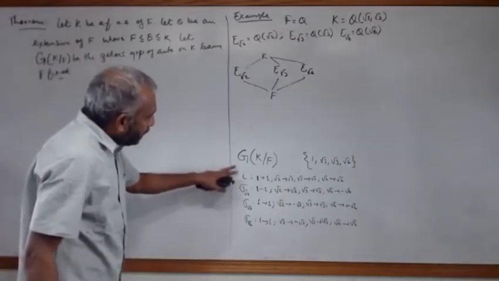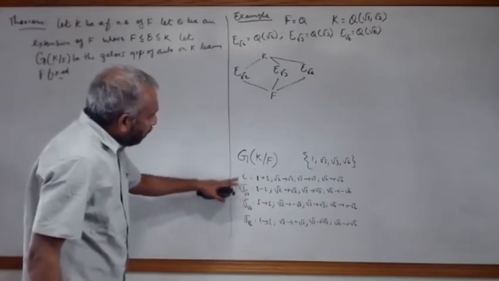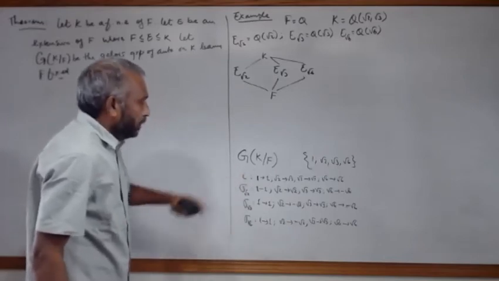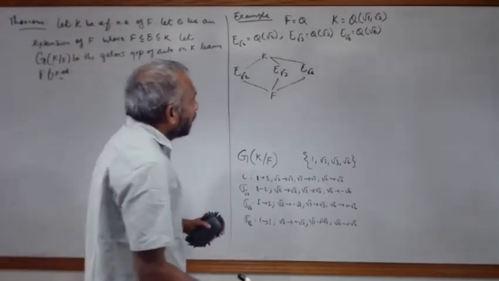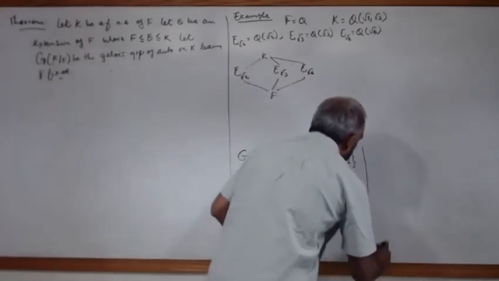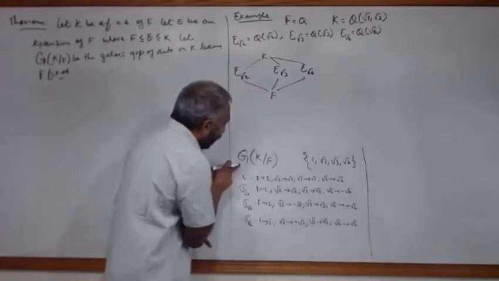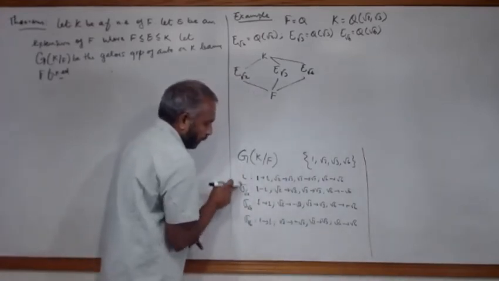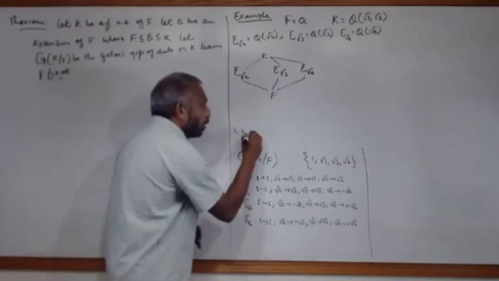Now let us compute the subgroups of this. The subgroups of these are, of course, the first one is, see the order of this group is 4. So the subgroups have to be of order either 1 or 2 or 4.